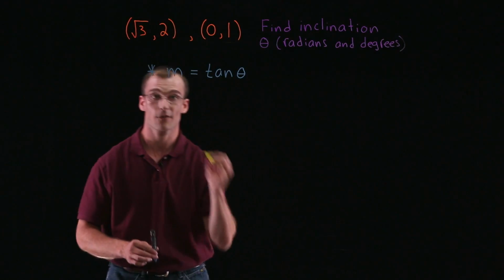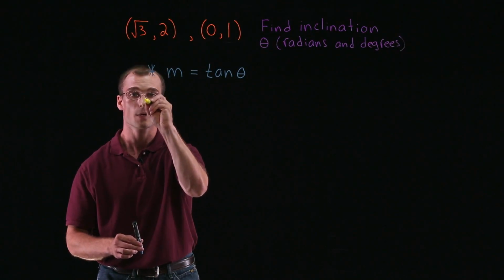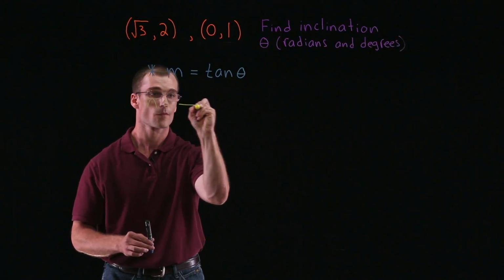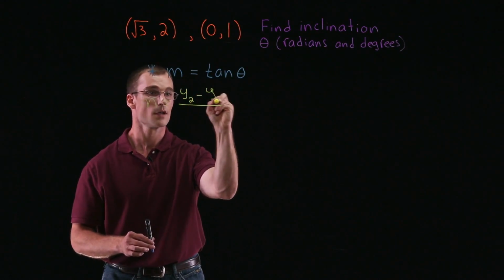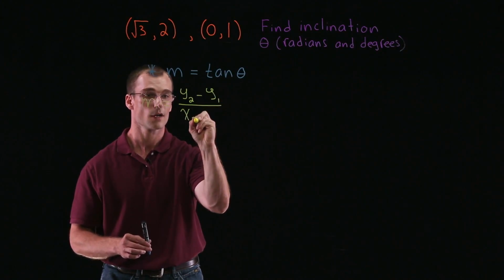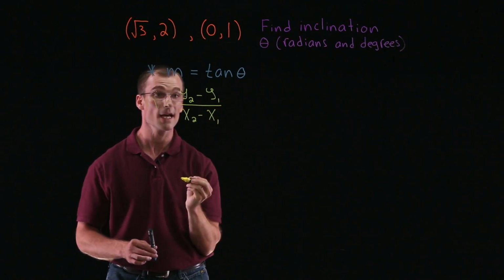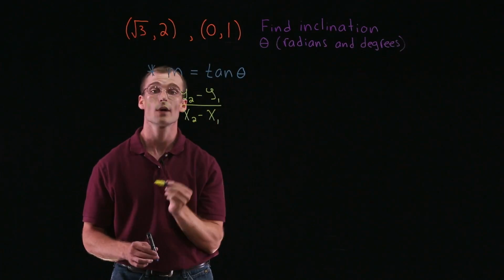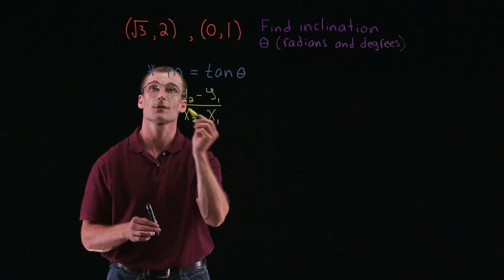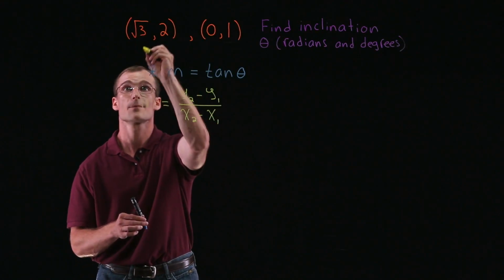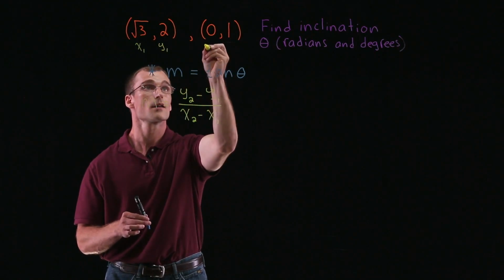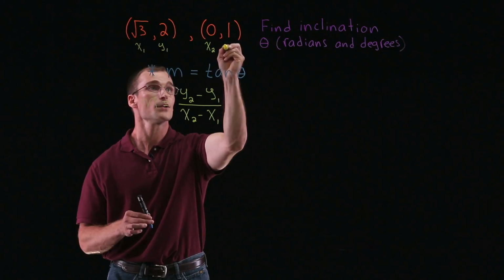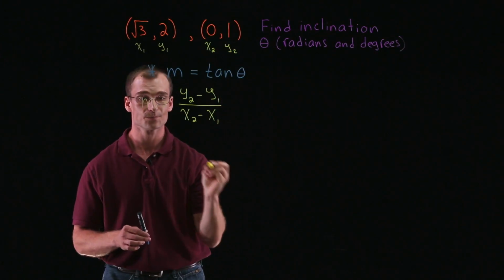Well, back from algebra, slope m can be written as y2 minus y1 over x2 minus x1. So looking at our 2 points, labeling doesn't really matter which comes first or second. We'll just go from left to right. So this is our x1 and our y1, and here's our x2 and our y2.